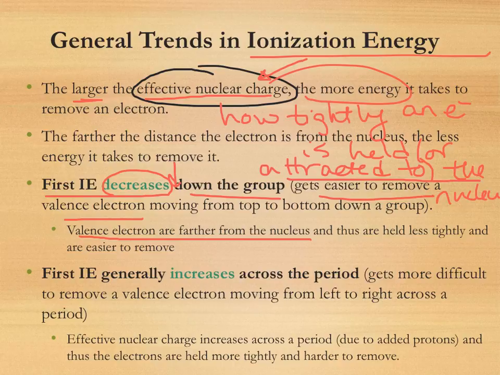If you remember, with every step down a group on the periodic table, we're gaining an energy level. Energy level 1 has 1 ring, energy level 2 has 2, energy level 3 has 3 rings. So clearly the valence electrons get farther and farther away from the nucleus, feel less of an attraction to the nucleus, and are much easier to remove.